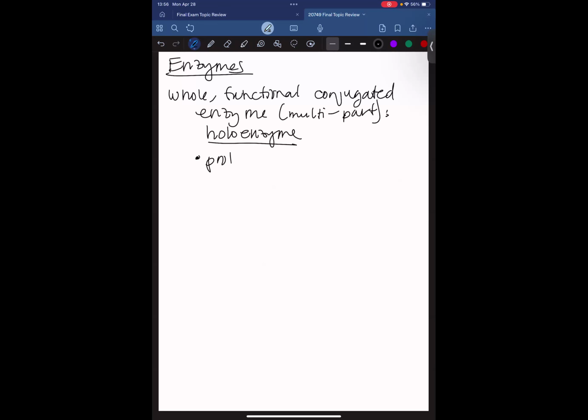The protein portion of that is called the apoenzyme. This is where we will find that active site for binding the substrate.